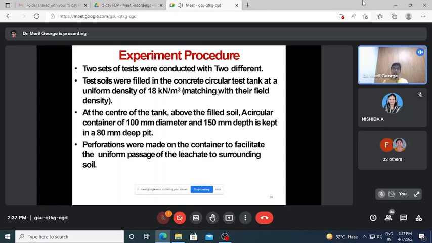At the center of the tank, above the filled soil, a perforated circular container of 100 mm diameter and 150 mm depth was kept in a pit of 80 mm depth only. The perforations were made to facilitate uniform passage of the leachate to the surrounding soil.